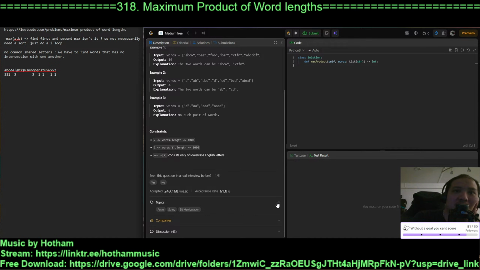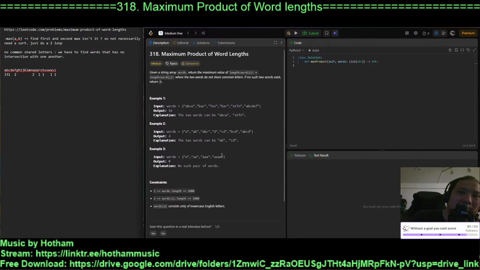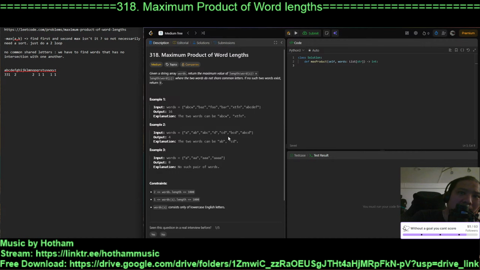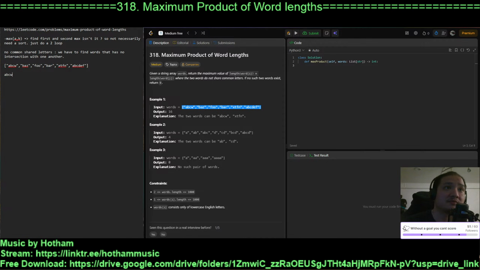Array, string, bit manipulation. Okay. If we look at these, a brute force solution would just do AB, right, but ABCW, then it would be the only thing we will have. Oh wait, what is this?